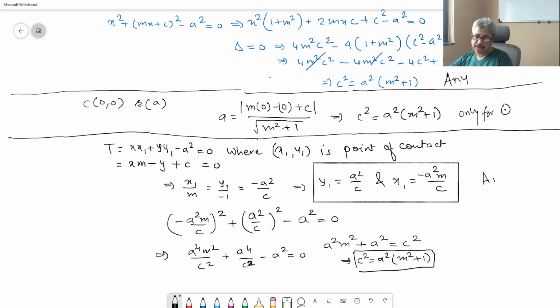This is also any. So for remaining conics, whenever I tell you find the condition for tangency, you should work with either of these two or maybe both of them, because one gives you condition for tangency first and second gives you point of contact first. So with both of them you can find out.